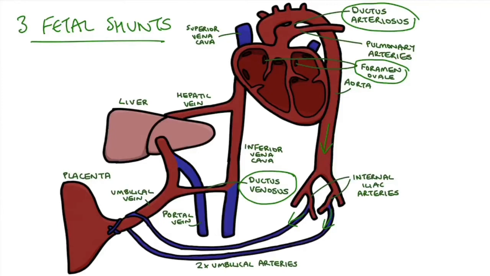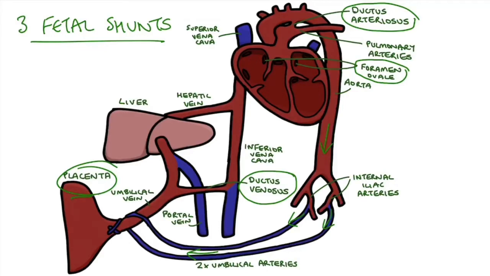And this blood flows through the umbilical arteries into the placenta, and the placenta is where the fetal blood and the maternal blood come very close together, and nutrients from the maternal blood can transfer into the fetal blood, and all the waste products from the fetal blood can transfer into the maternal blood.